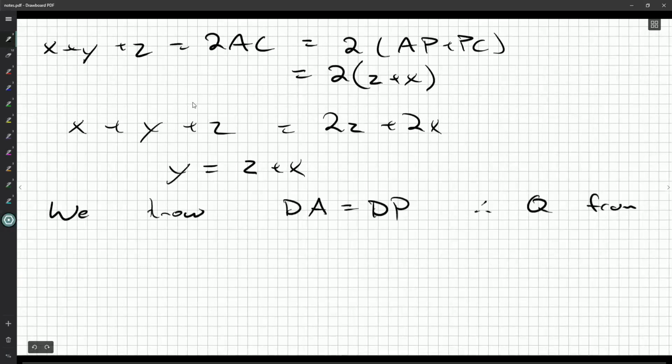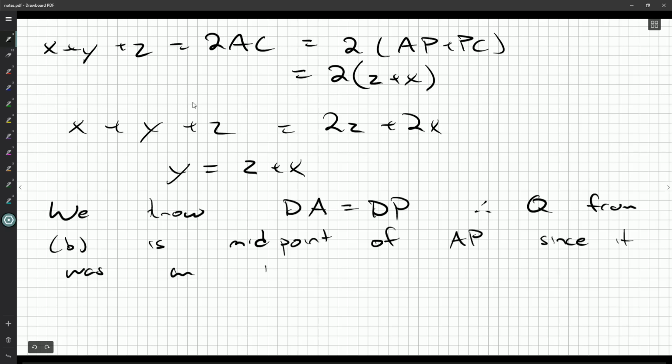Therefore, the Q that we dropped from B is the midpoint of AP, since it is an isosceles triangle. It's only an isosceles triangle for this part of C3.